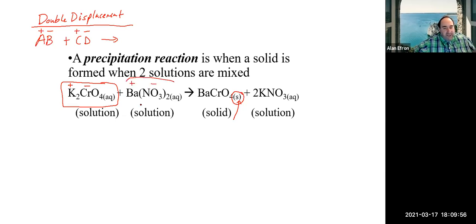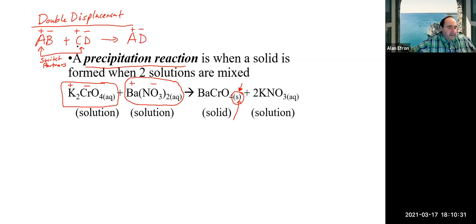So that is the general setup for a double displacement reaction, which is the same thing as a precipitation reaction. Again, a precipitation reaction is called that because it forms an actual solid. But what happens in a double displacement reaction is essentially the 2 positive guys switch partners. So A, which is positive, will go hook up with D on the other side and make a new ionic compound.